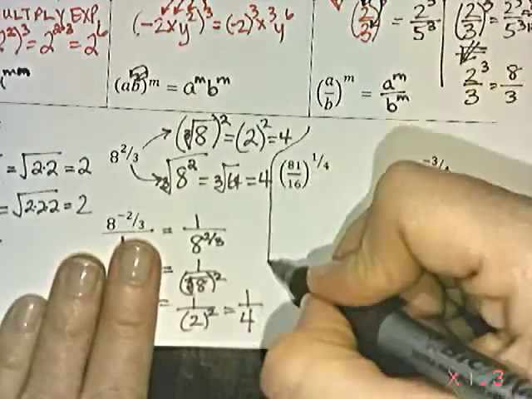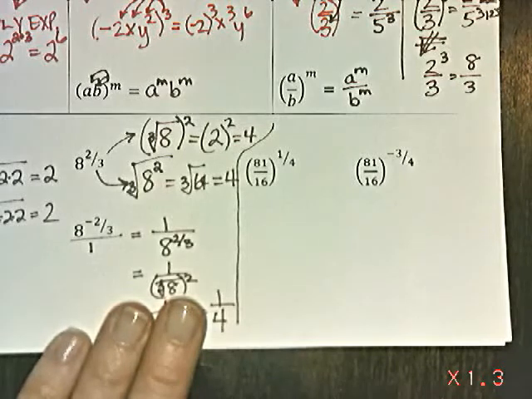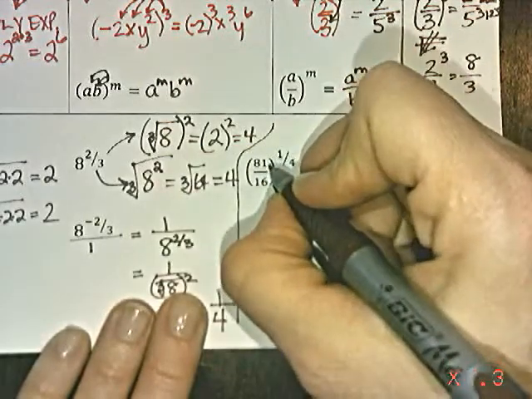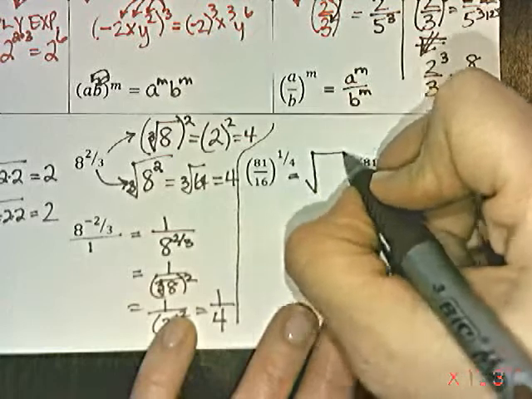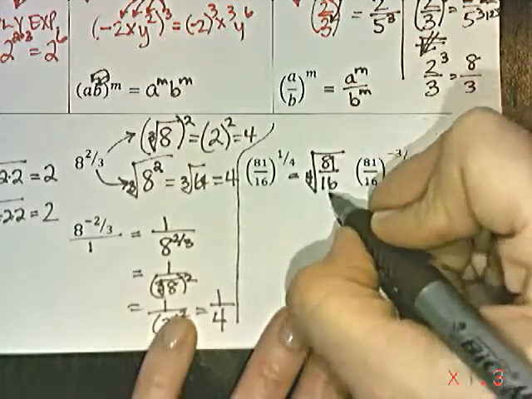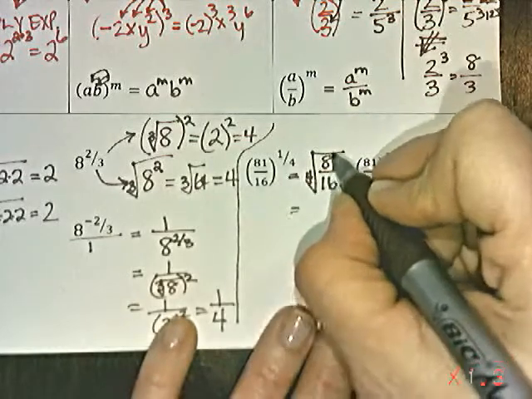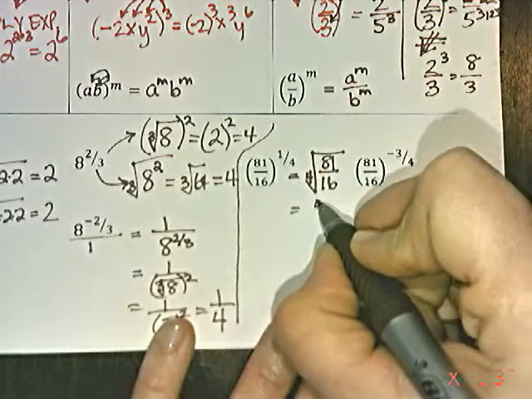Probably the most difficult fractional exponents come when you've got a fractional exponent on a fractional base. However, we can think of this, I guess, in 2 ways. I can take the whole 4th root of both of those numbers and think of it as a set. The 4th root, what number multiplied by itself 4 times gives me 81? Well, that's a 3.